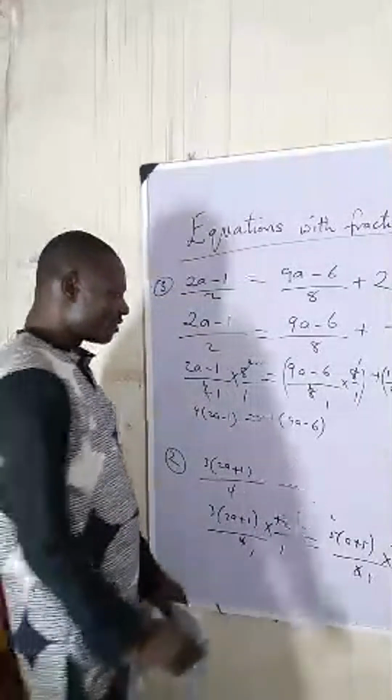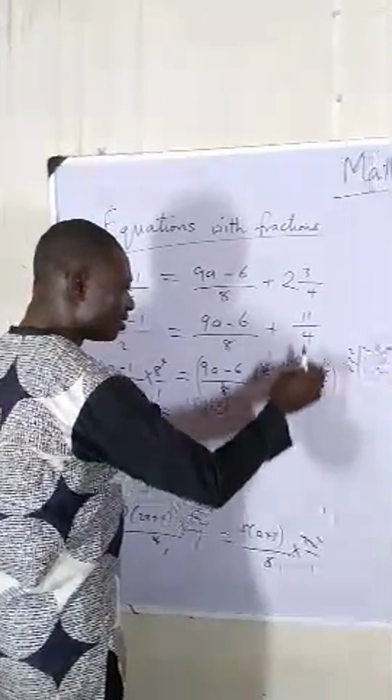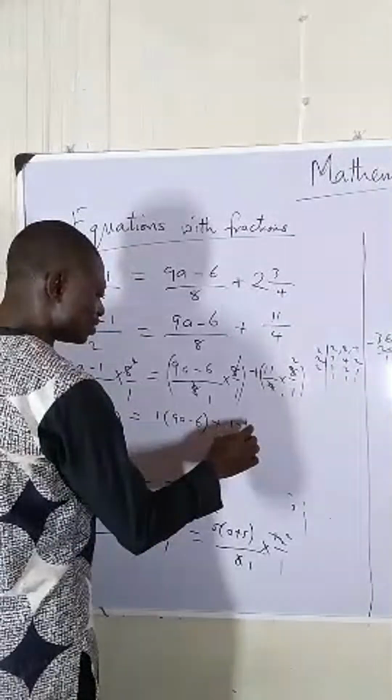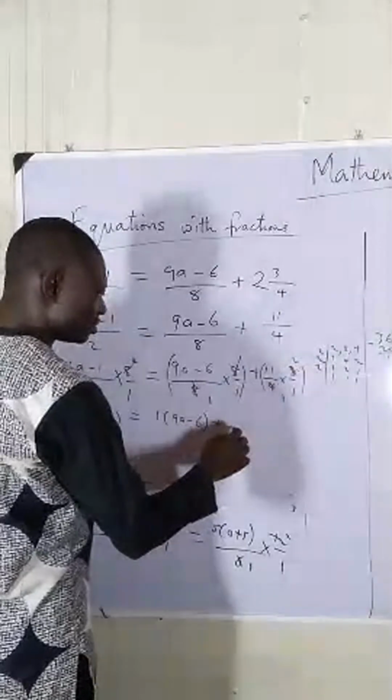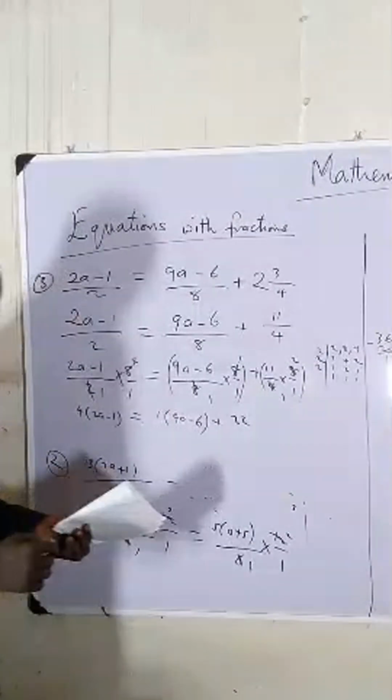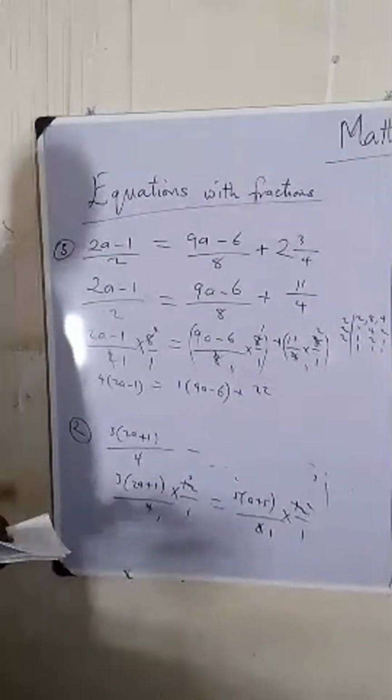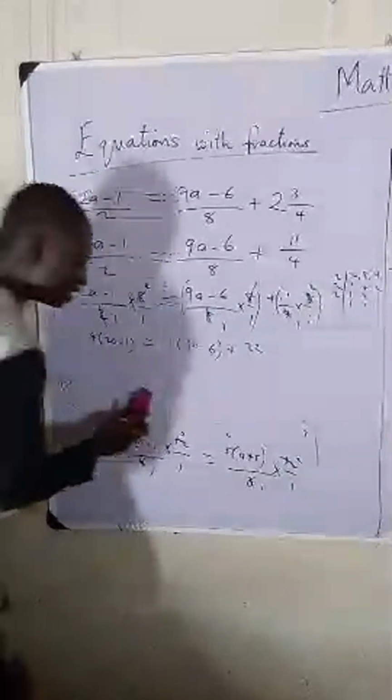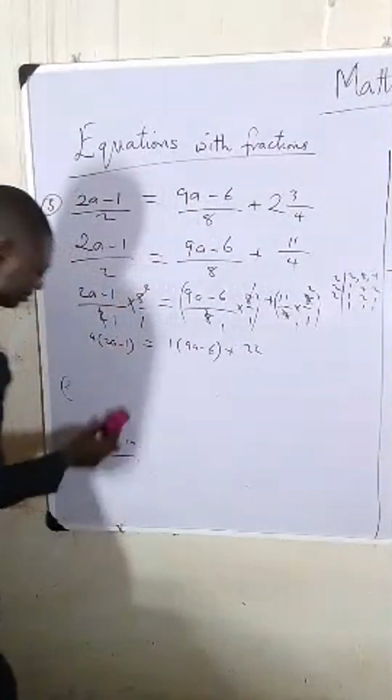And so what we have here is plus 11 times 2, which is 22. Yes, what we have now is just a bracket we have to clear.